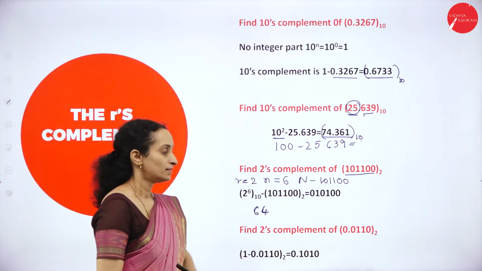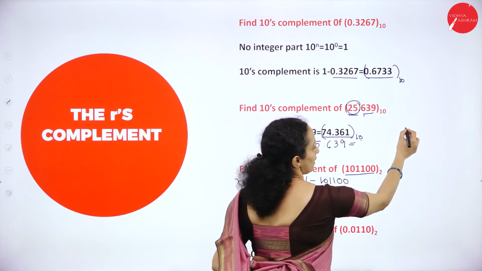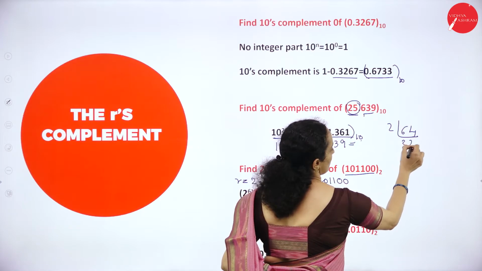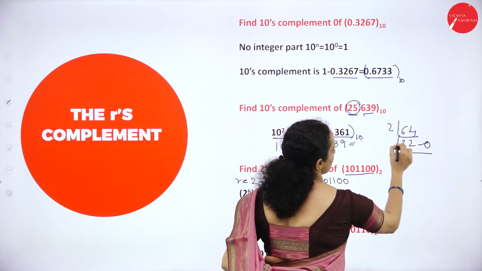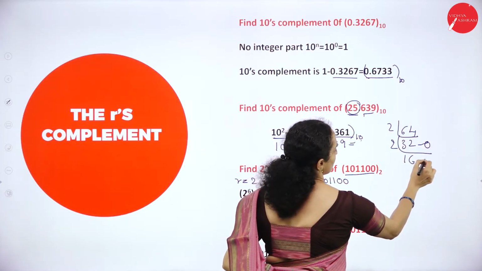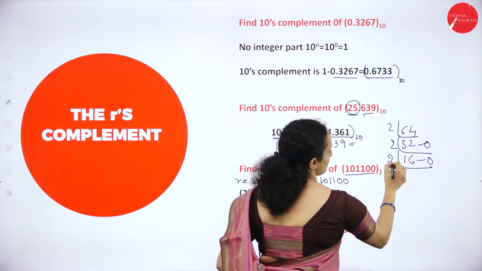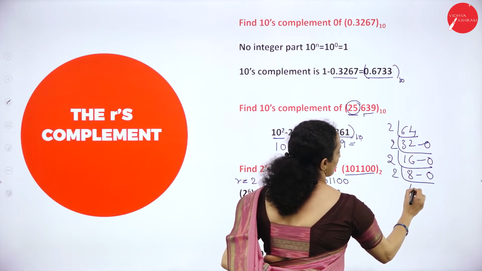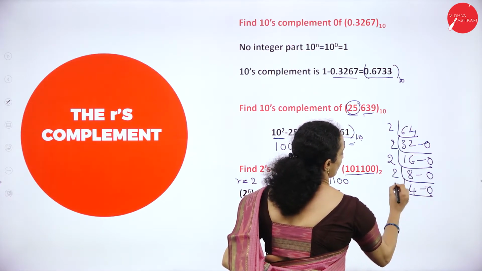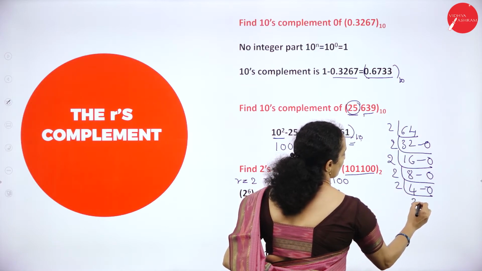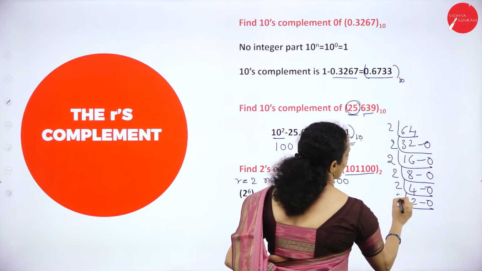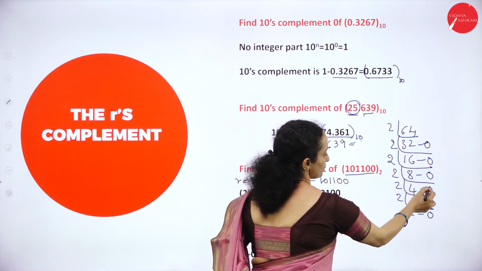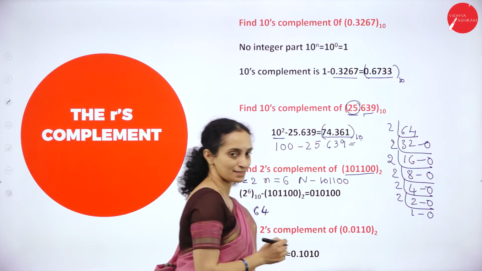Is it not? So 64, when you convert it to binary, you will get 1000000, 6 zeros.